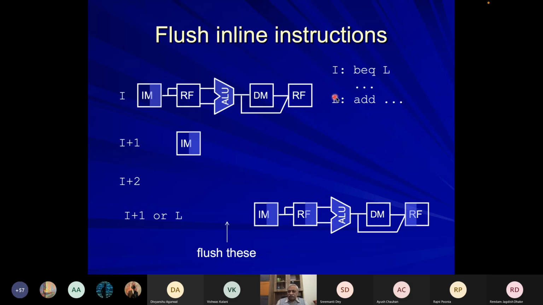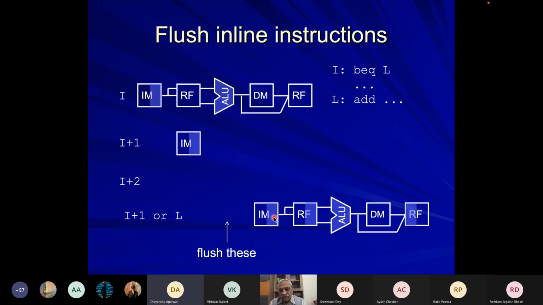It will just go through the pipeline silently, doing nothing. Now, at this point of time, when instruction I is in the DM stage, we are fetching the next instruction, which could be I plus 1 or L. So is that okay or still a doubt?